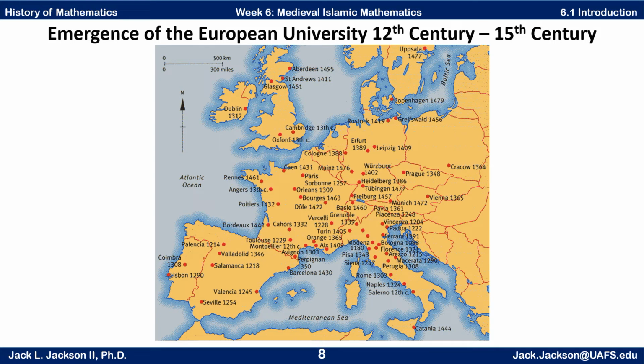And notice that there wasn't just one major center like Alexandria or Athens or Baghdad. There are a lot of these places, a little more decentralized, but each of these were to be very important, especially as we go further on into the Renaissance.